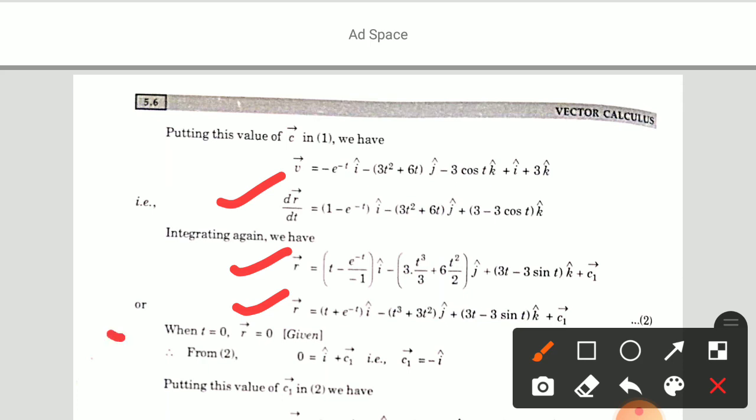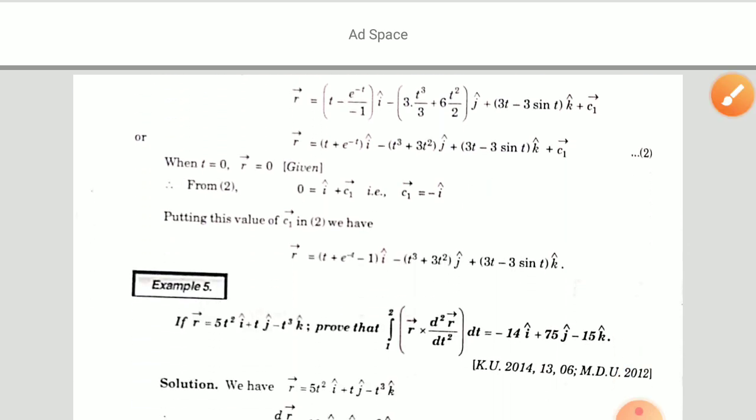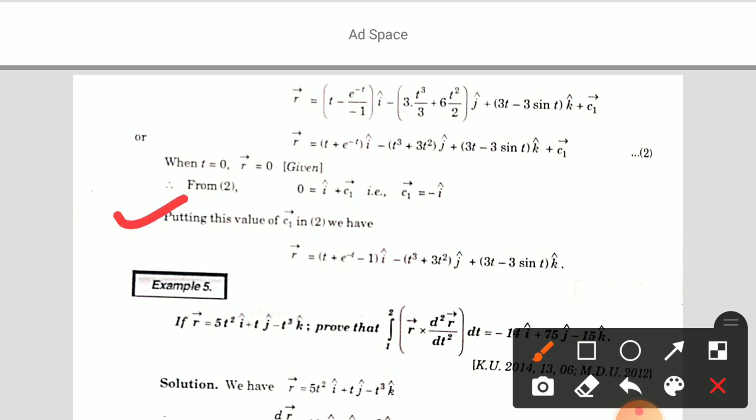Now when t equals 0, r equals 0, it is given. Therefore from the second, c1 is equal to minus i. Putting the value of c1, we have r is equal to (t plus e^-t minus 1) i minus (t cube plus 3t square) j plus (3t minus 3 sin t) k.